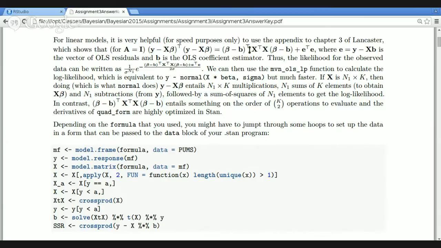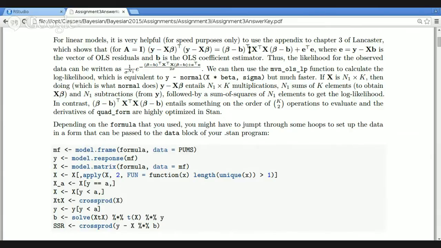data set. And remember that although Stan is keeping track of all the derivatives for you, and so it can do its leapfrogging approximation to the Hamiltonians and all that, it's not free.